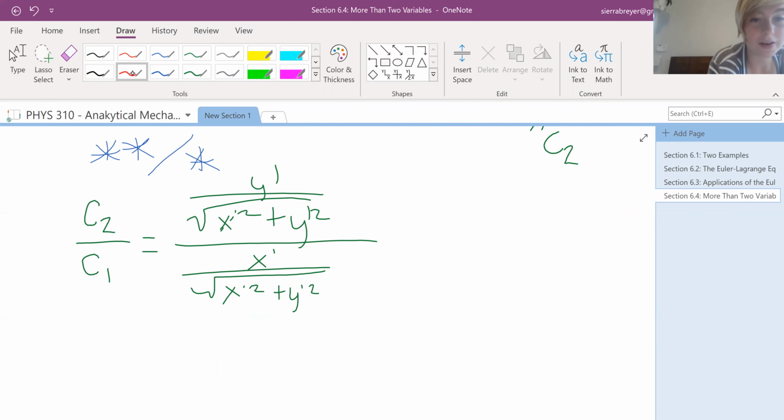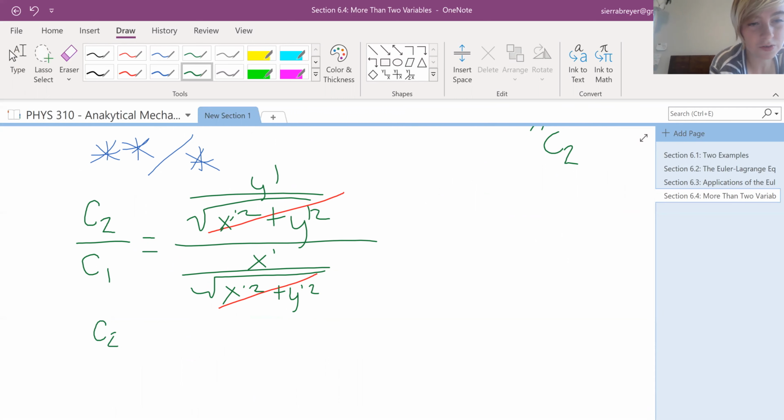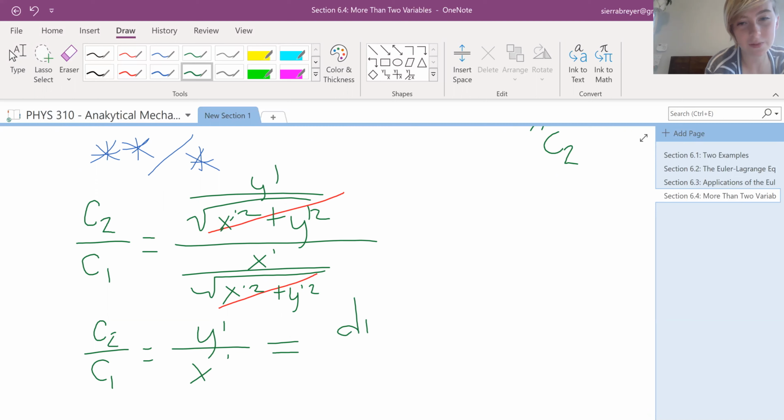And then we're not going to have that ugly thing because those cancel. We're just going to get C2 over C1 equals y prime over x prime. And what's cool about that is that y prime over x prime can be rewritten as dy over dx.